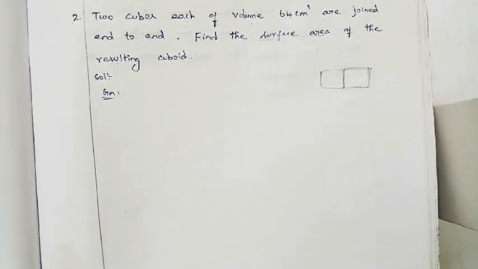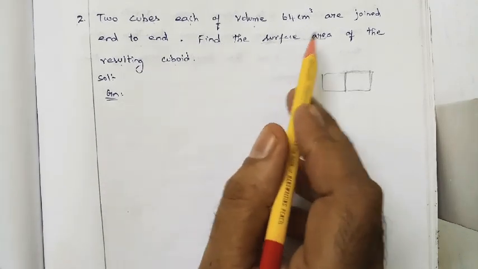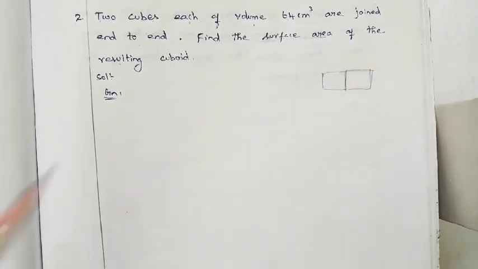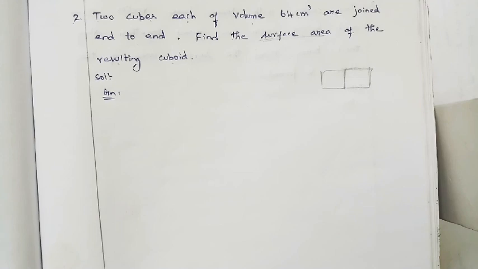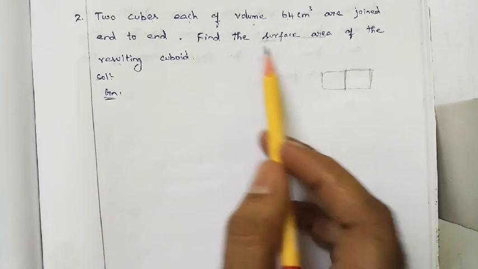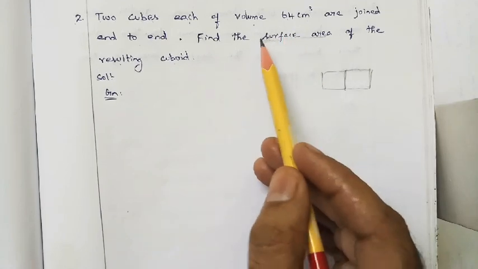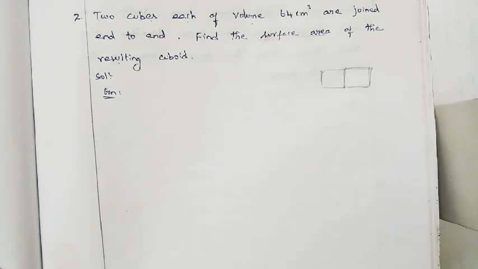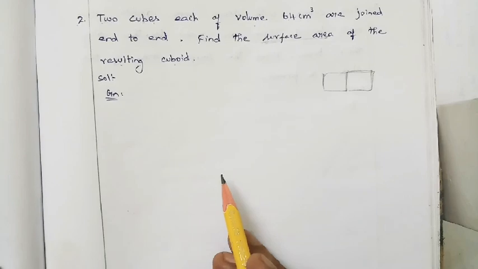But generally, when they ask to find the surface area, we want to find the total surface area. You have to keep this in your mind. This is very important. For all solids, when they ask you to find surface area, always use the total surface area formula.